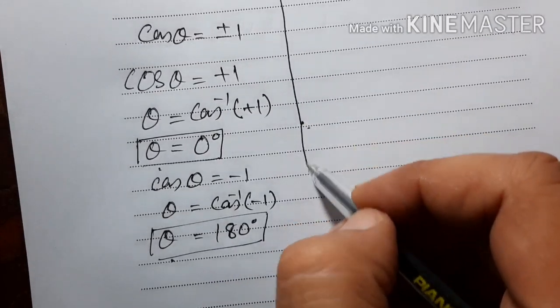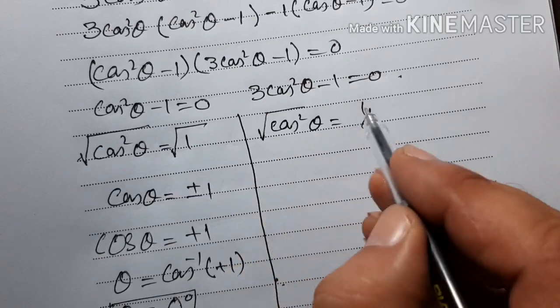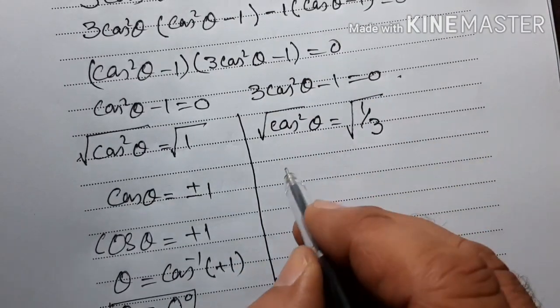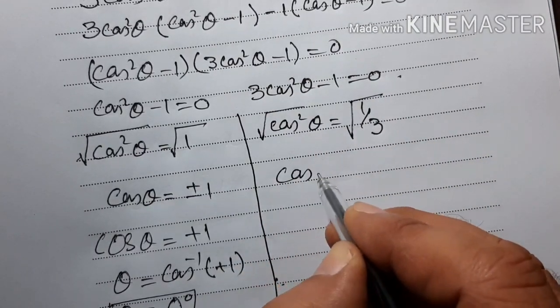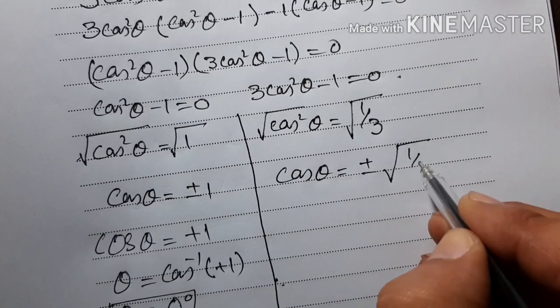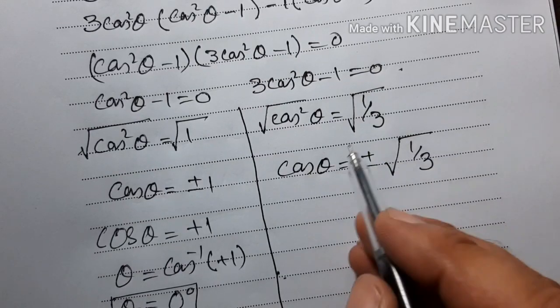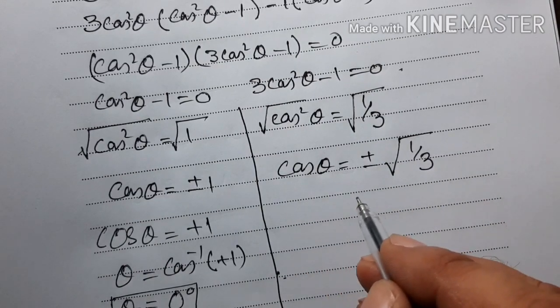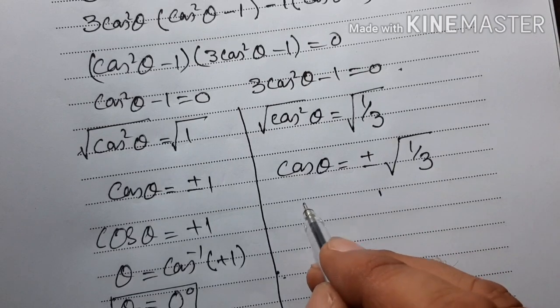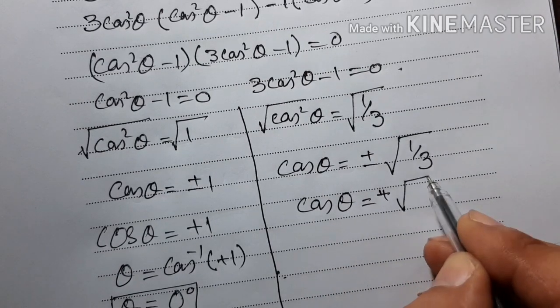Now, from this equation, taking square root of both sides, it will be cos theta is equal to plus minus under root 1 over 3, because we are taking square root. So there are two values again. First, cos theta is equal to plus under root 1 over 3.